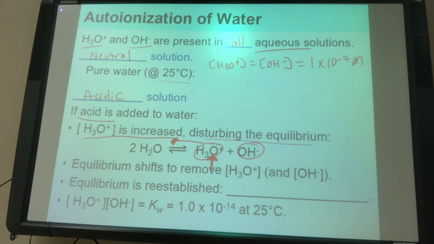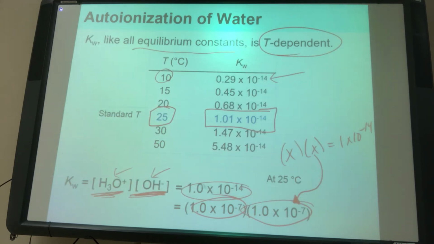But what happens is, if this goes up, we can look at it here, this number has to stay the same. This Kw number can't change. So if this goes up, this has to go down to get the same number. Think about this like a balancing act. If this goes up, this has to go down because it has to always equal the same number.